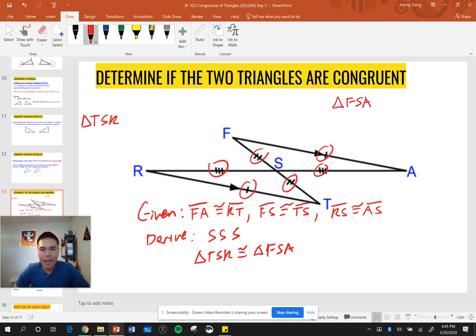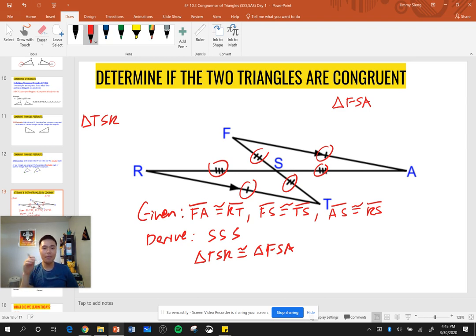I want to be consistent with my corresponding sides. It looks like I can switch around R and A, so A and R. Because I'm given all these congruent sides, those dashes, you just match them up.